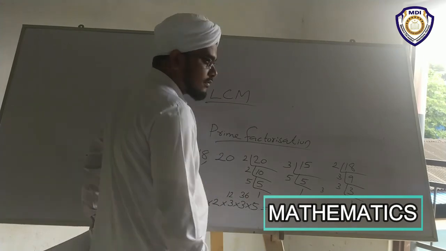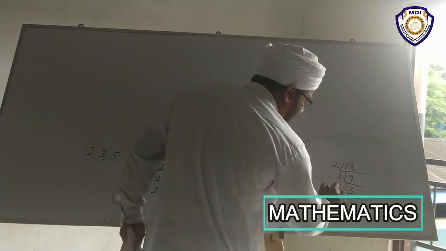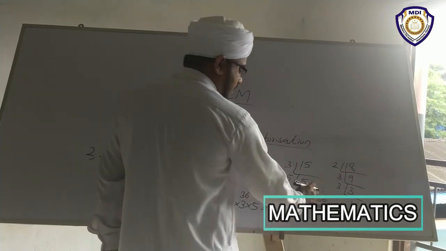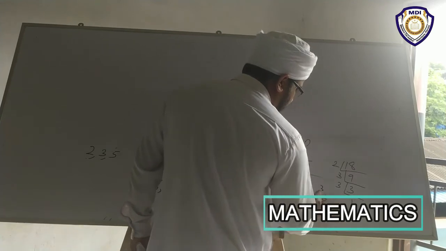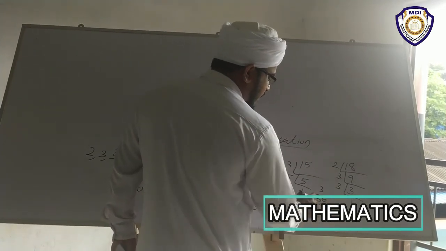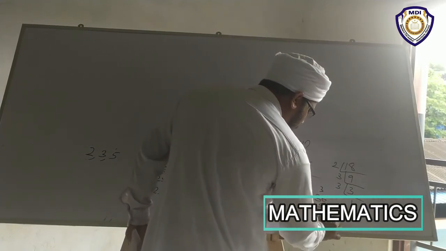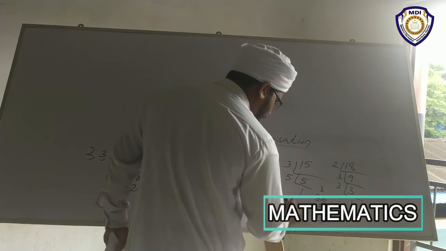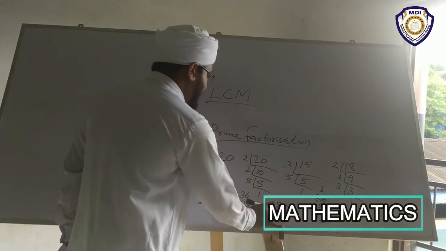36 into 5: 6 into 5, 30. 3 into 5, 15, plus 3, 18. Then 180. This is the LCM.